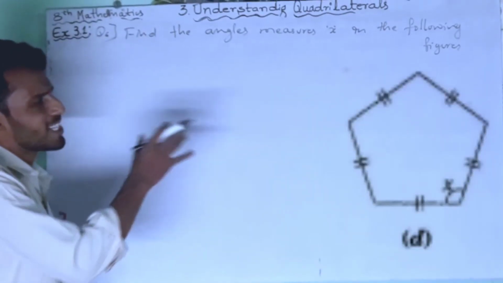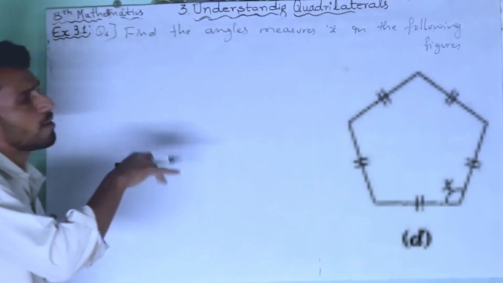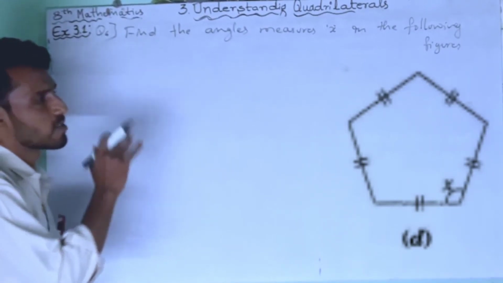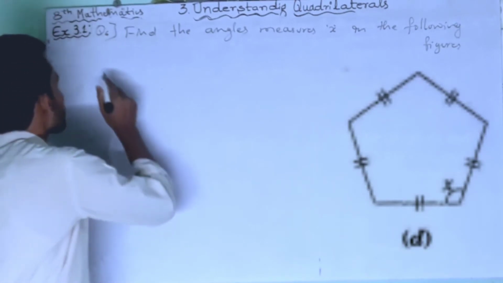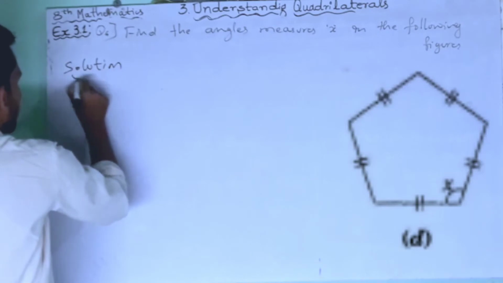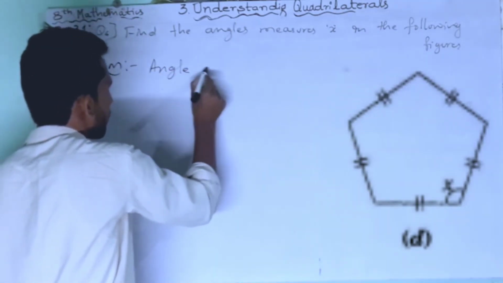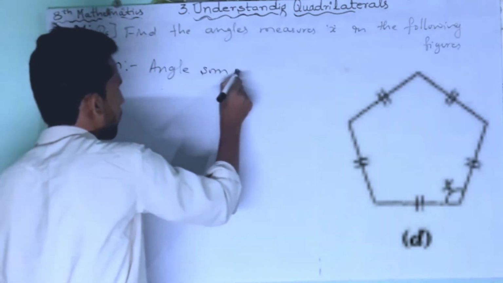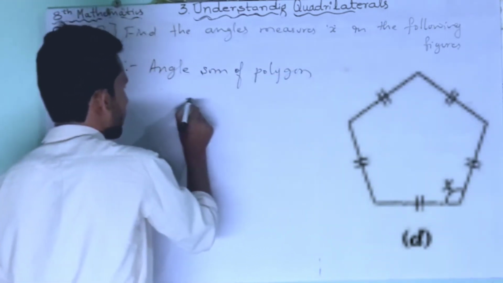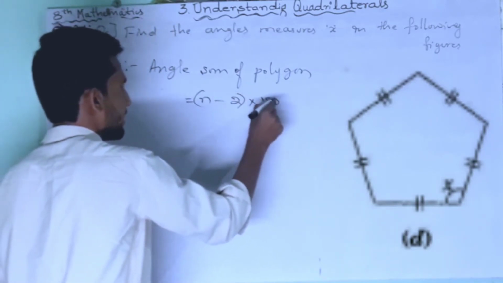Dear student, observe this picture. Here in this figure, given is a total of 5 sides, and we have to find out the x value. Let us see the solution. According to the angle sum of polygon, that is n minus 2 into 180 degree.